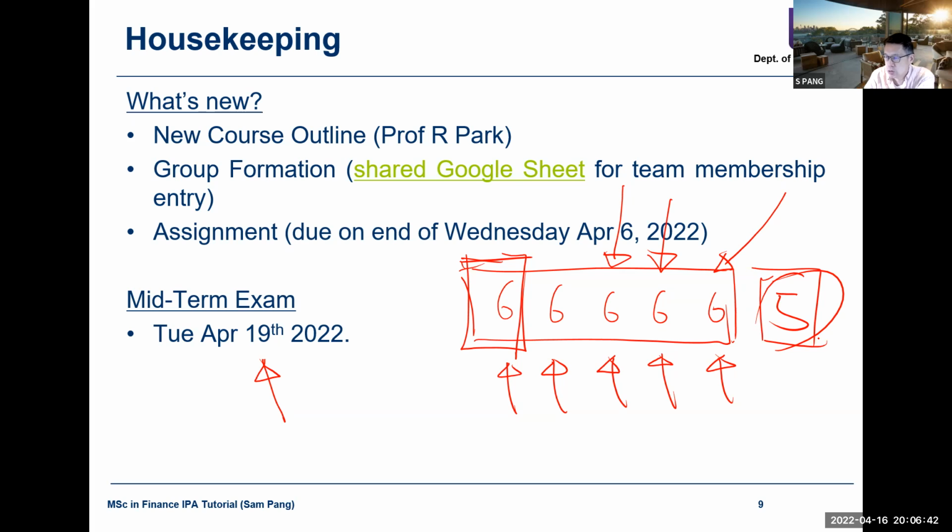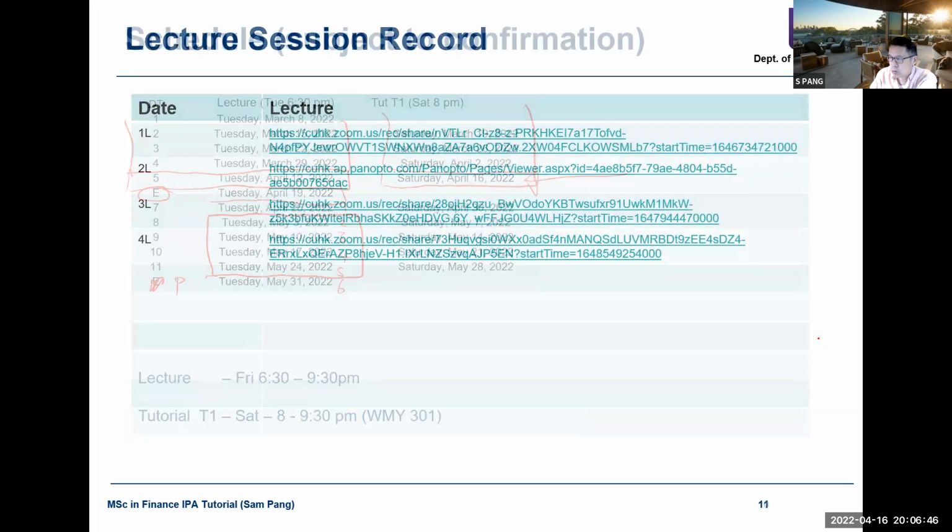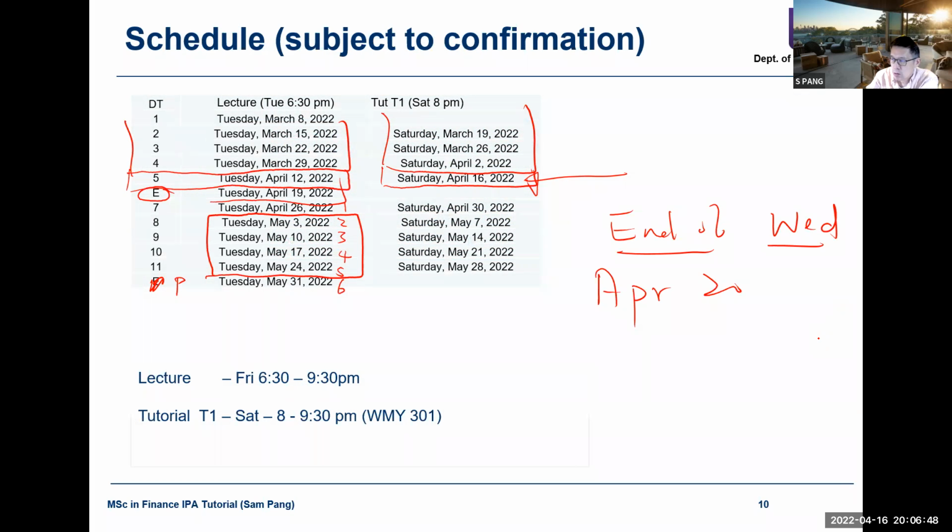Please do that by end of next Wednesday. If you don't, then I will help you out, and you can't complain because I've given you plenty of time, and I'm now giving you the second, maybe the third reminder. So please do that.